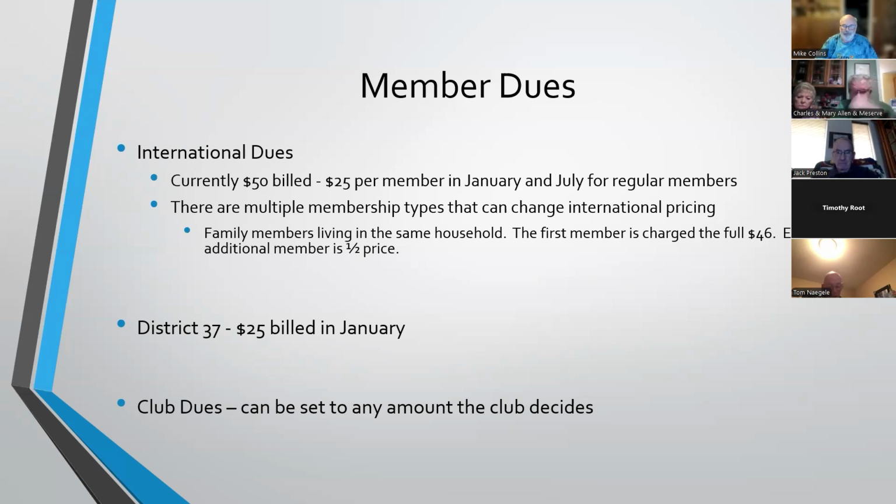The first member will be billed the full $50, and any additional members, so let's say your wife is a Lion and your kids living in your house are Lions, they will get half off international dues.